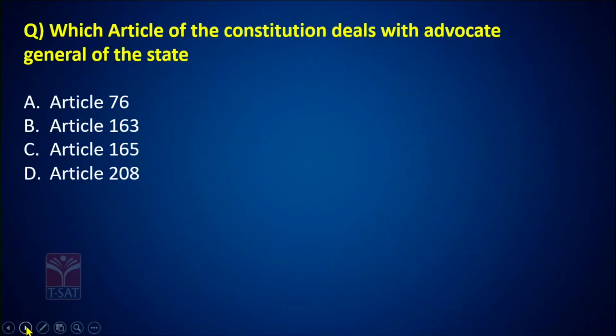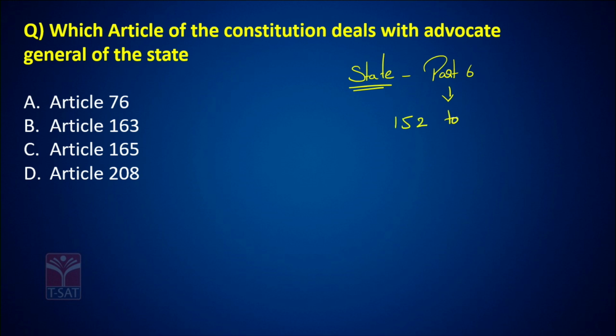Which article of the Constitution deals with Advocate General of the state? See, the state is discussed in Part 6 of the Constitution from Article 152 to 237.